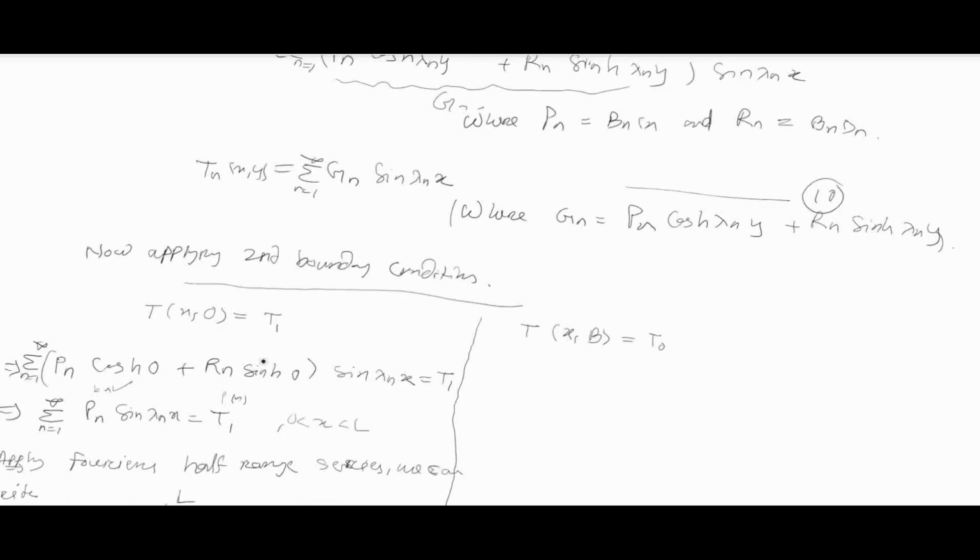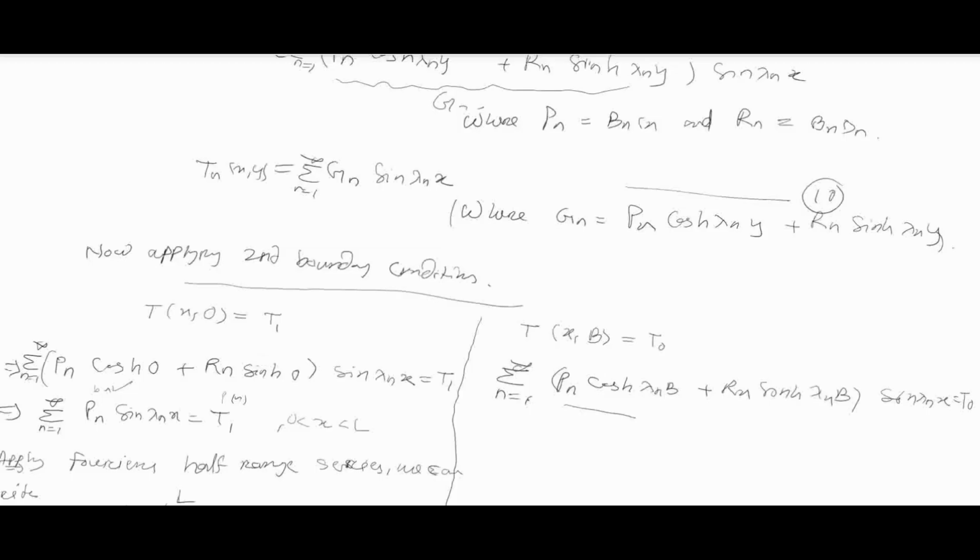We are getting like this: summation of n equal to 1 to infinity of Pn cosh(lambda n b) plus Rn sinh(lambda n b), into sin(lambda n x), is equal to T0.